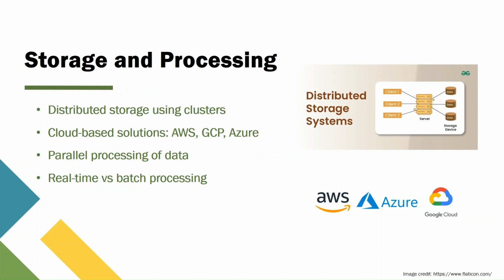As you can see on the right-hand side in the first image, there are multiple clients and one server which is processing and storing in different data stores. Similarly, there are cloud-based solutions such as AWS, GCP, and Azure, which offer storage, processing, real-time processing, batch processing, and managing. All these things can be done with the help of these cloud-based solutions.